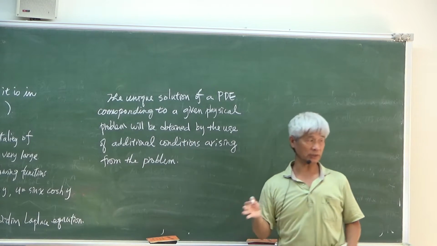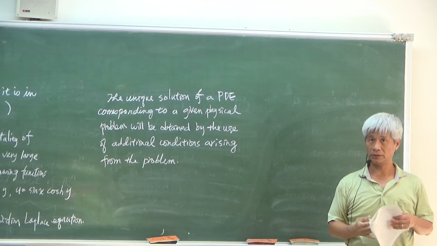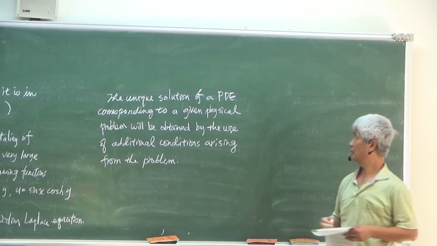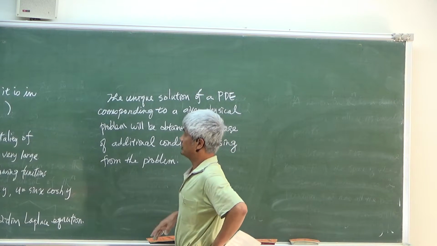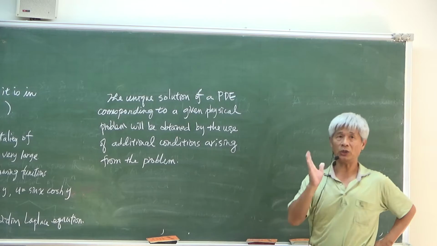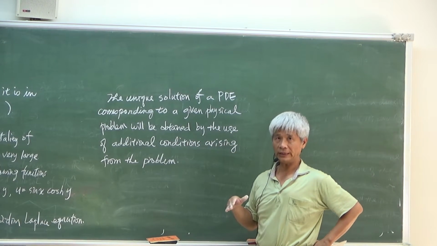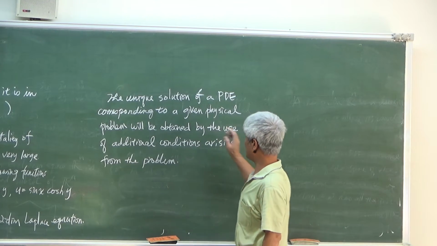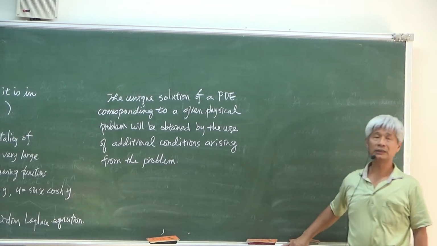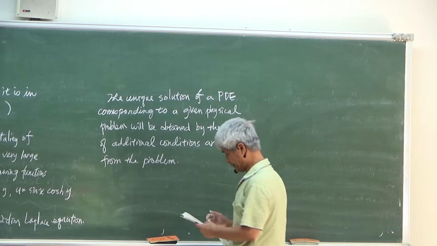Because every problem should have a unique solution. This is the behavior of this problem. Okay. So to find a unique solution, you have to know the additional conditions. Okay, you have to know the additional conditions. Right, and these additional conditions should arise from the problem itself. Okay.